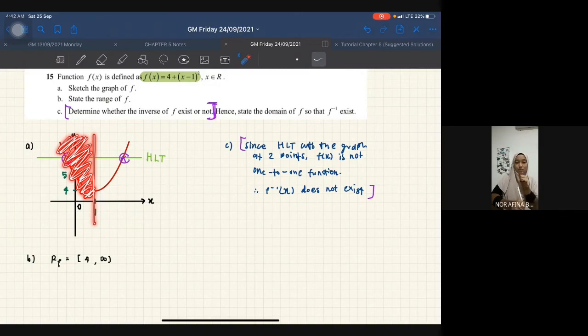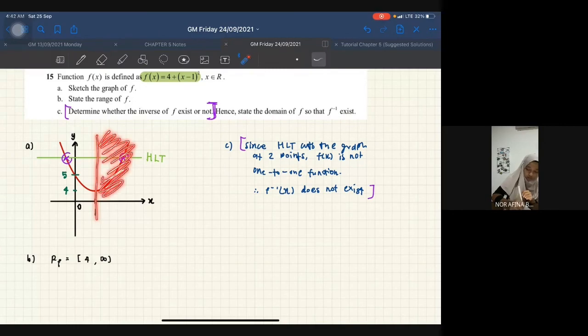Yang belah kanan sahaja dia langgar. Okay, so cuba fikir, kalau saya potong dekat tengah and then saya buang kat belah kanan ni, what about this one? HLT still akan potong hanya pada 1 point sahaja. Maksudnya domain awak dia adalah from negative infinity sampai ke 1. Okay, from negative infinity until 1.